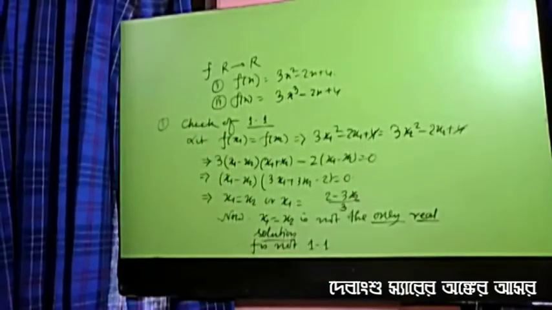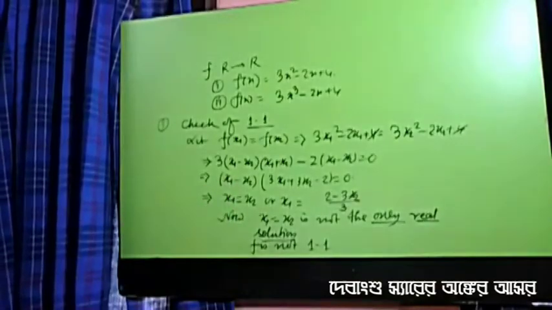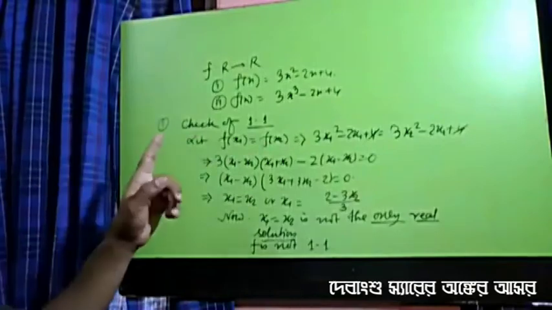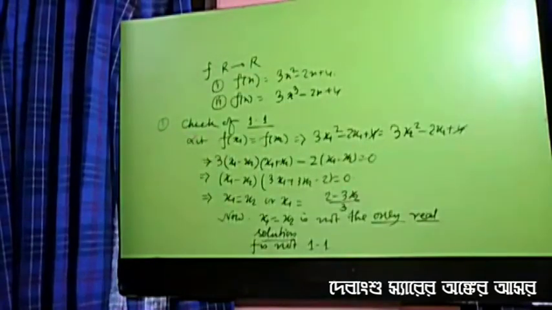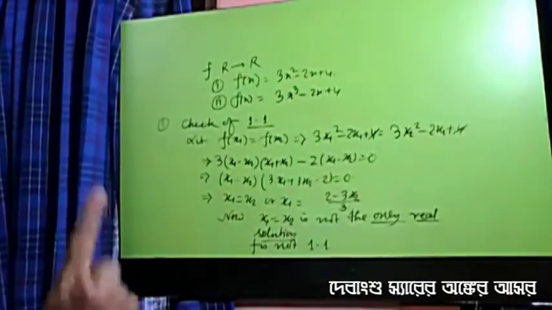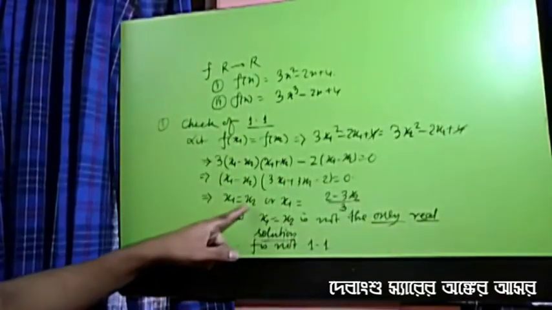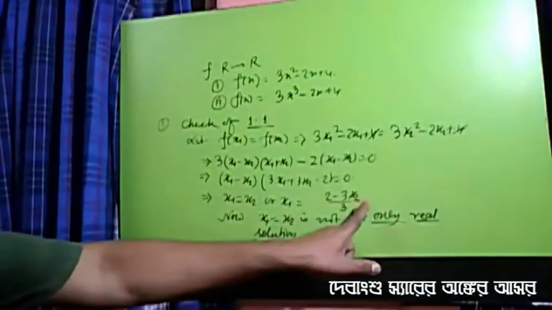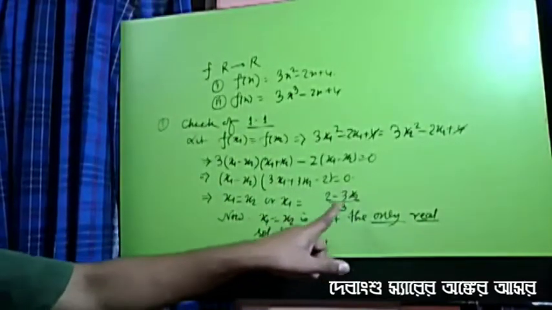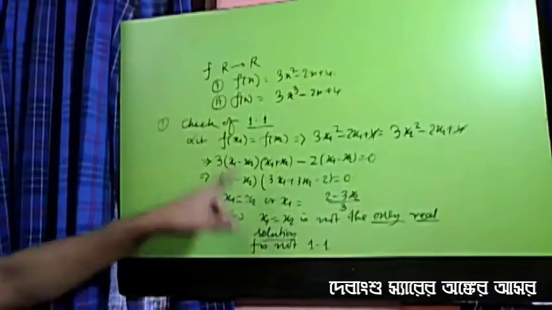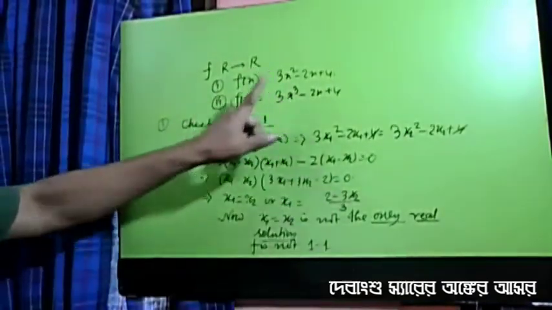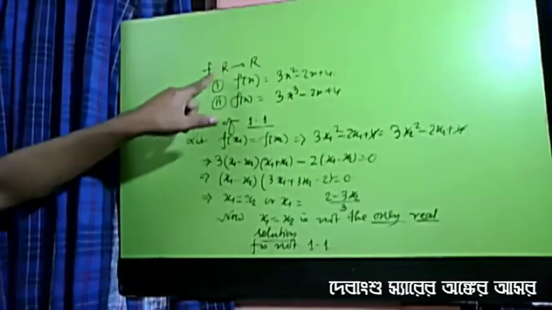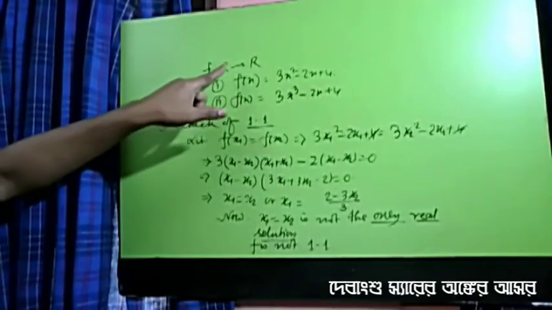That establishes that there are two distinct values of x for which the images are equal. For example, if you consider x2 as 1, then x1 is minus 1 by 3. If you put x2 equal to 1 here, it will be minus 1 by 3. Then f of 1 and f of minus 1 by 3, all are in this set of real numbers.